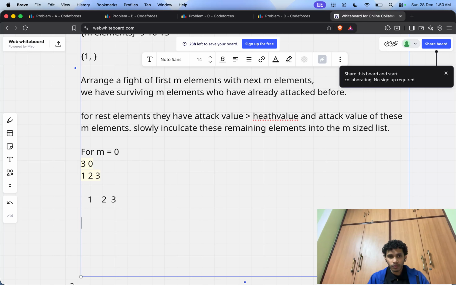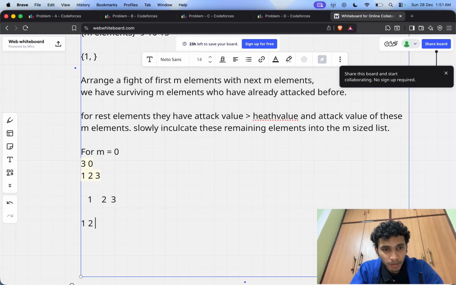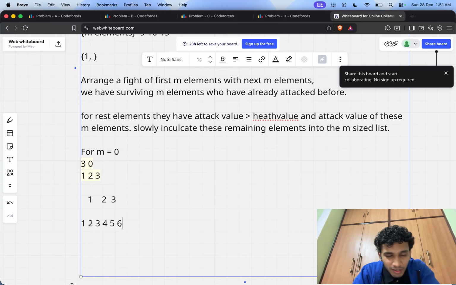But is it the only scenario we have? There can be a scenario where we are left over with some elements after this highest value is finished. For example, we have such values. Alright. So this 6 will be over after we let it fight with 5 and 4. Why?